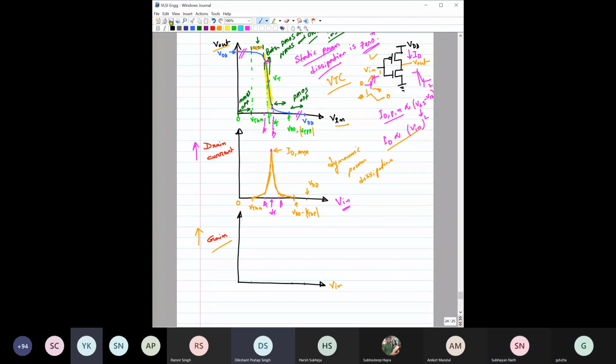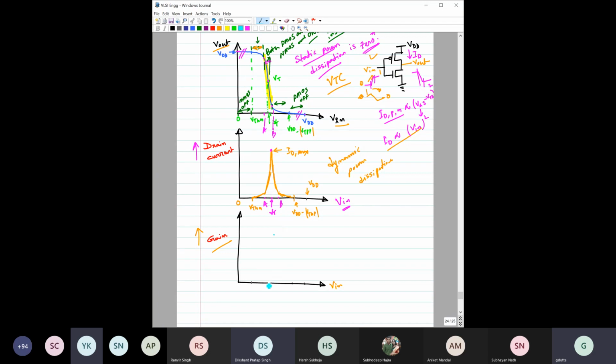Can you comment on the gain? Where is the gain maximum? In region 3, right? Because gain is Vout versus Vin, so where the slope is highest. The slope is again highest here.